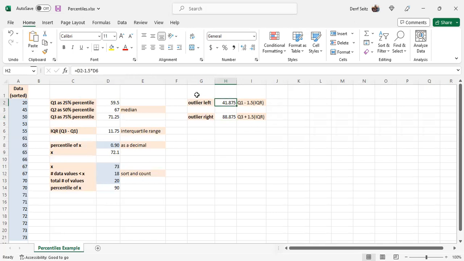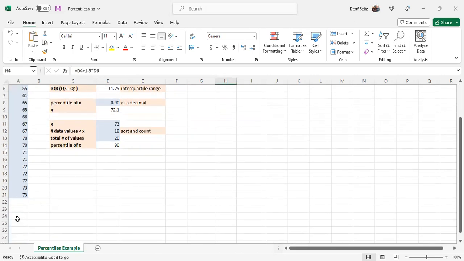So here is a calculation to do this, Q1 minus 1.5 IQR, using the other cells here. And on the right-hand side, right-hand outliers are Q3 plus 1.5 IQR. So on the left side, 41.8 something, the 20 is an outlier according to this definition of outliers. 88.8, we don't have any outliers on the right.